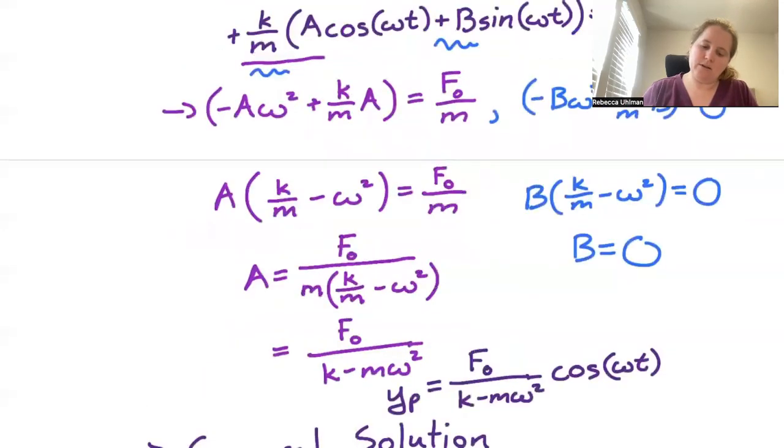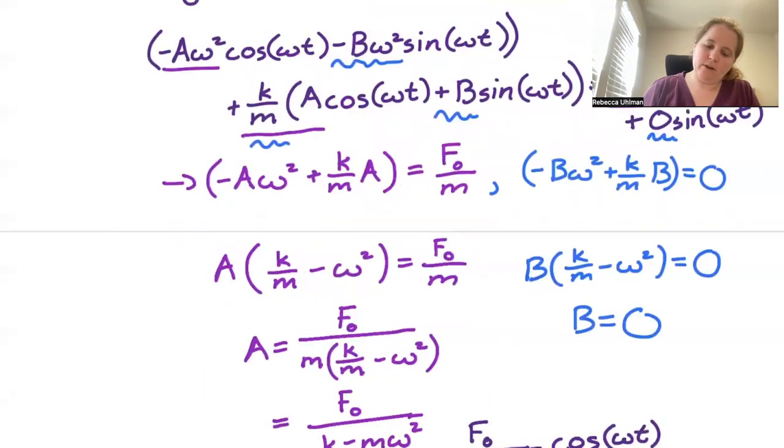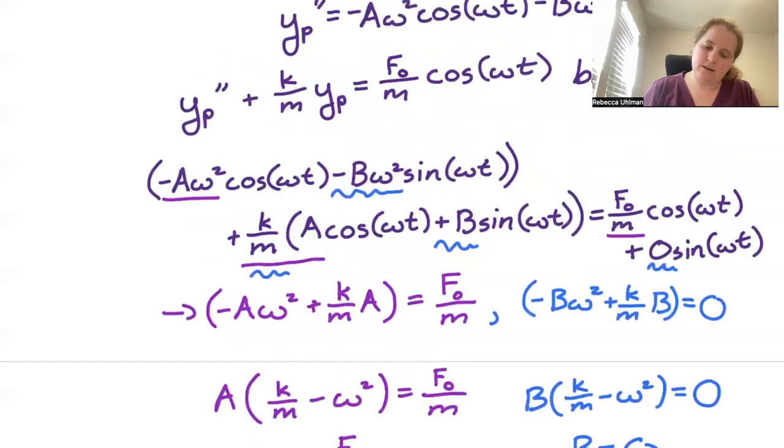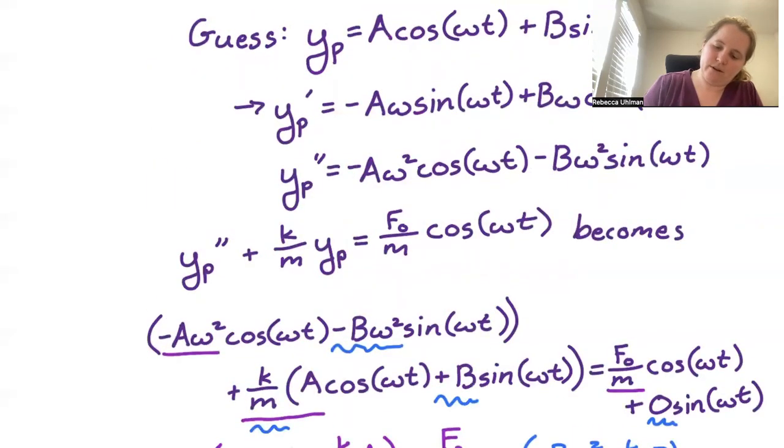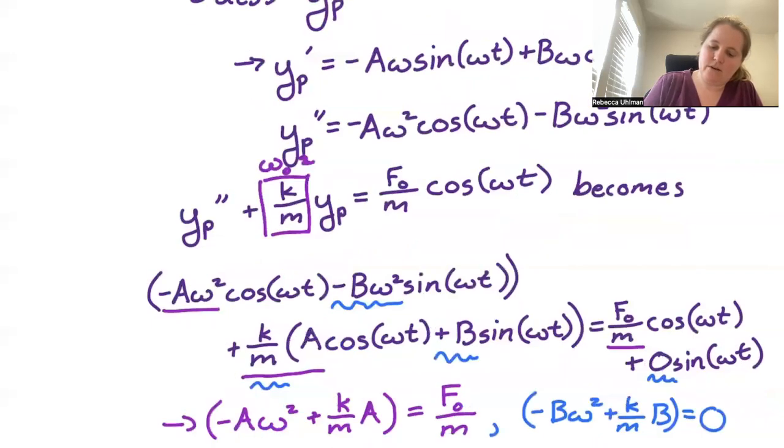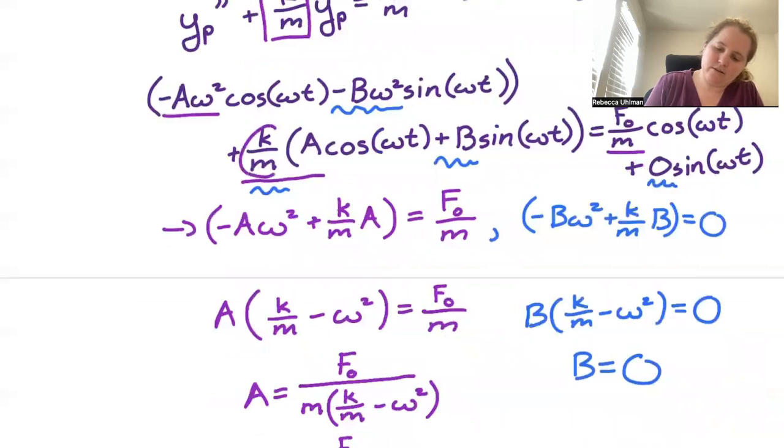I just realized we can change a little bit here. K over m was omega naught squared, so I'm just going to fix that quickly. So k over m was omega naught squared. So we can write this as an omega naught squared.